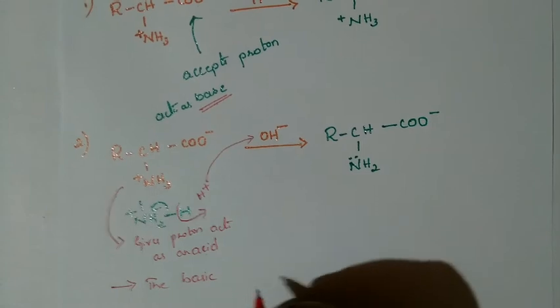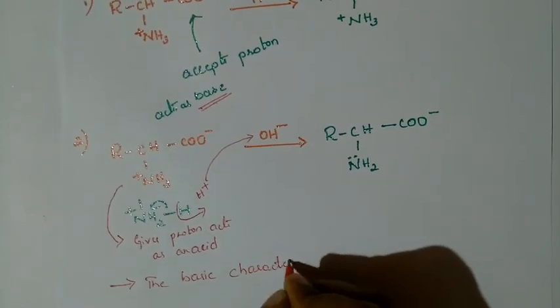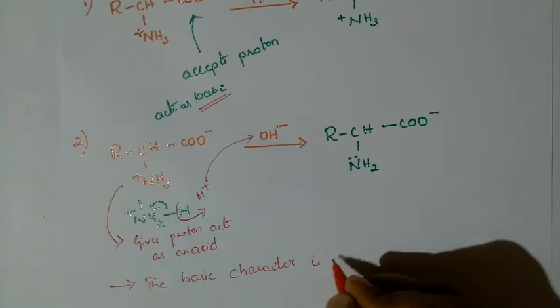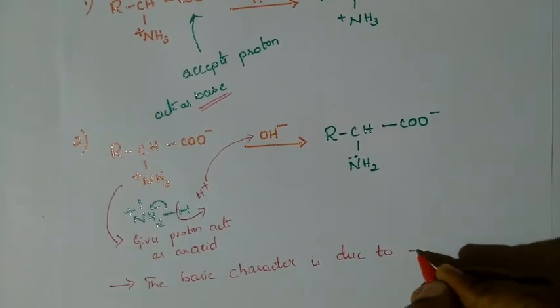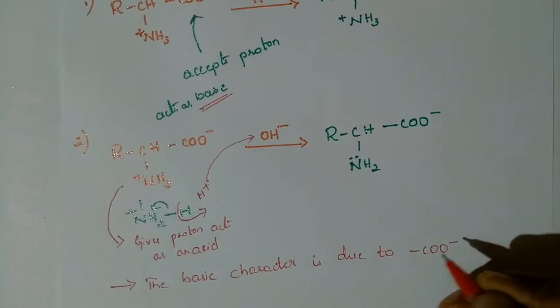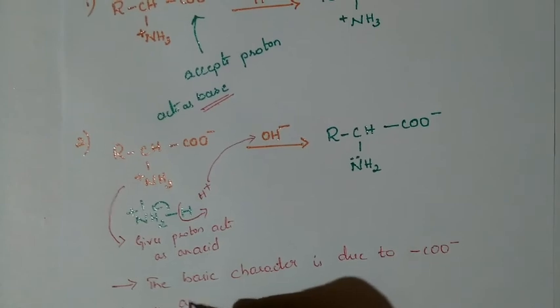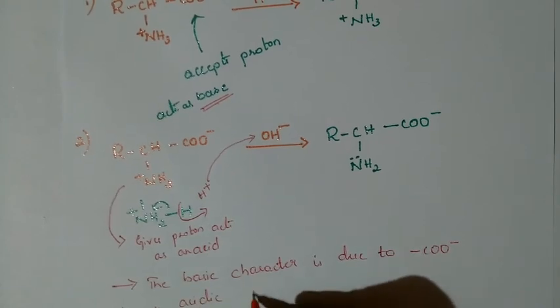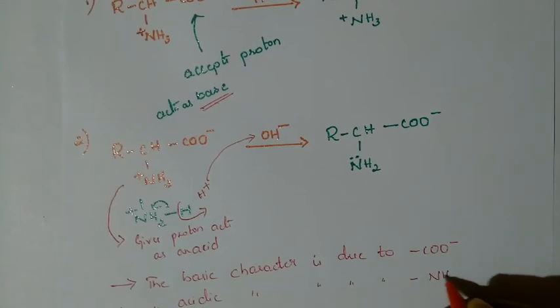So the basic character is due to the COO minus group, and the acidic character is due to the NH3 plus group.